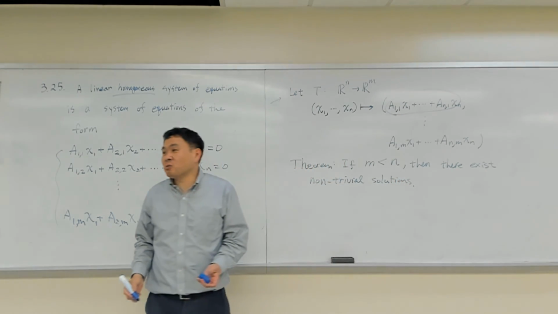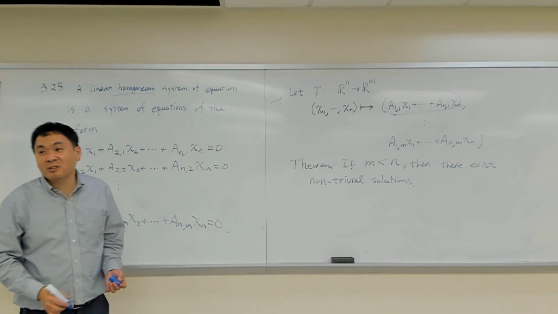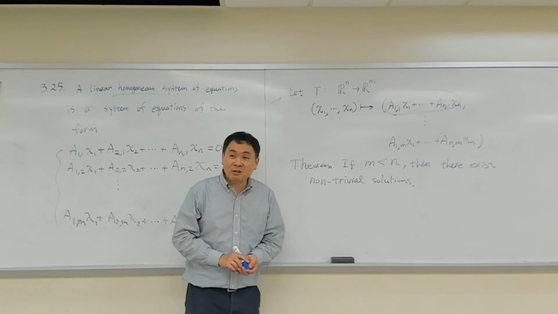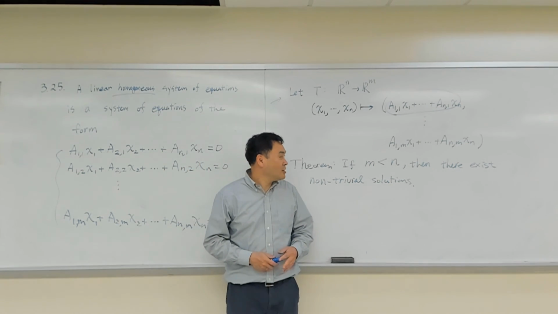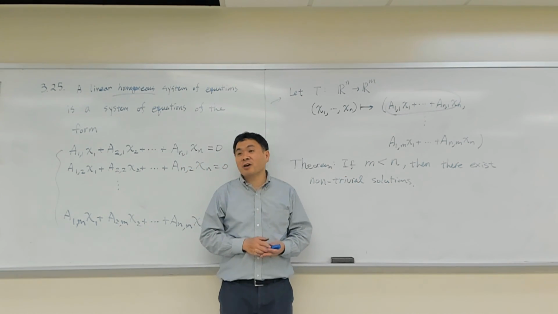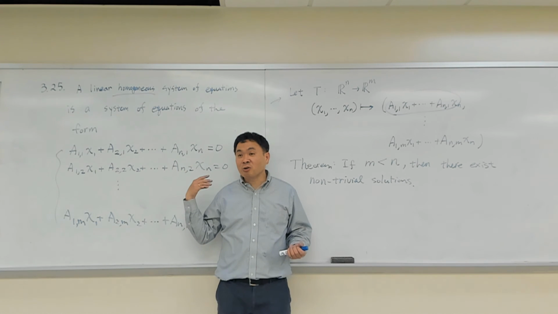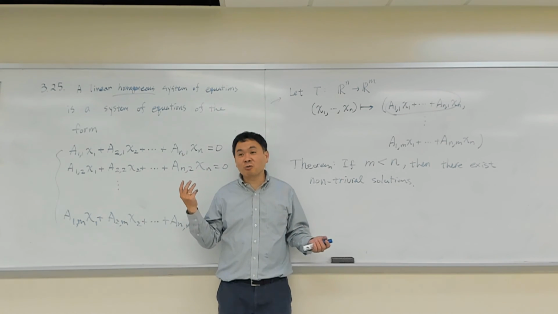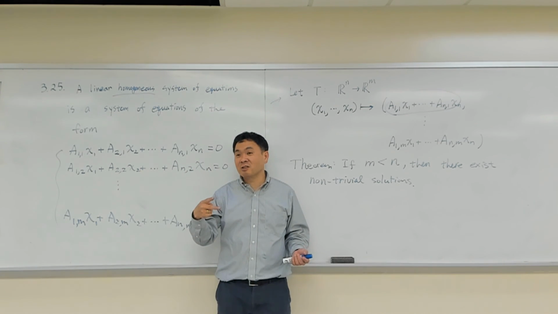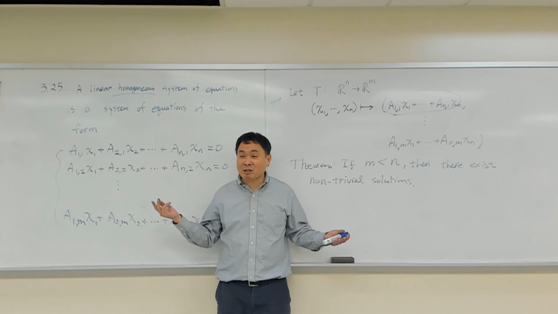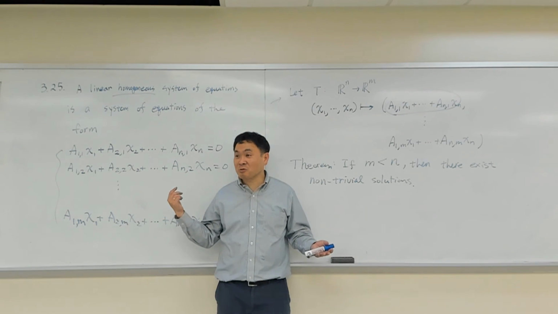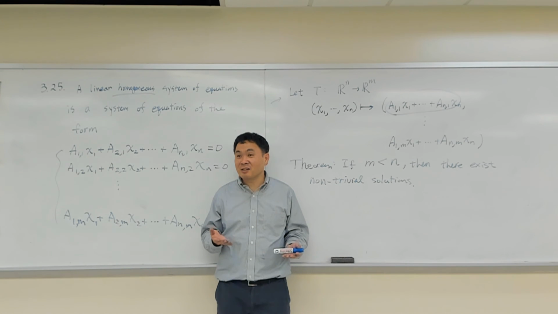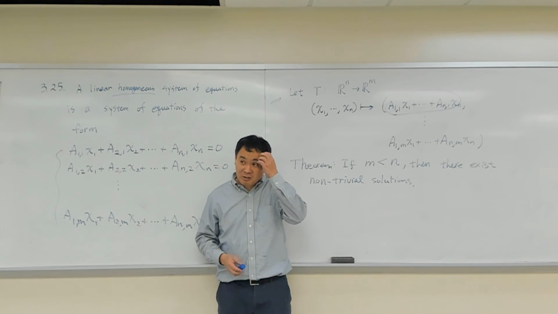Which is something that we've always known. We are told this fact, even if we didn't know how to prove it. If you have n unknowns, so if you have 3 unknowns and just 2 equations, then there are infinitely many solutions. Not just the zeros, but there are more. You've heard of that, right? Same deal here.